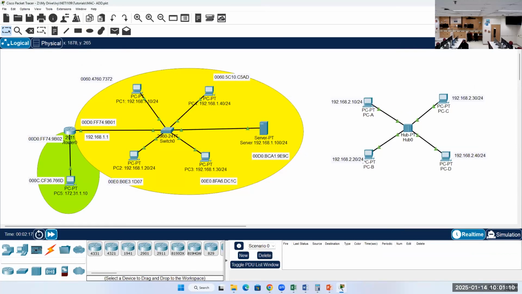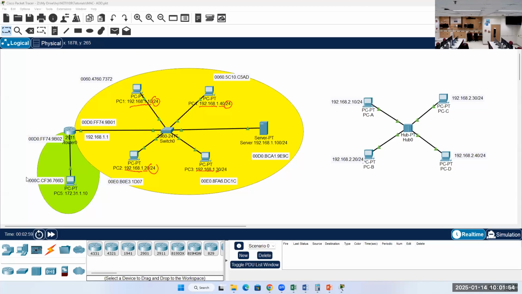Here, if you look at my topology, you can see what happened. I have a PC number 10 here, 192.168.1.10. I have .20 here, .30 here, .40 here, and they are all /24. That means they are on the same network, because the network portion here is 192.168.1. Okay, so now you can see what happened.